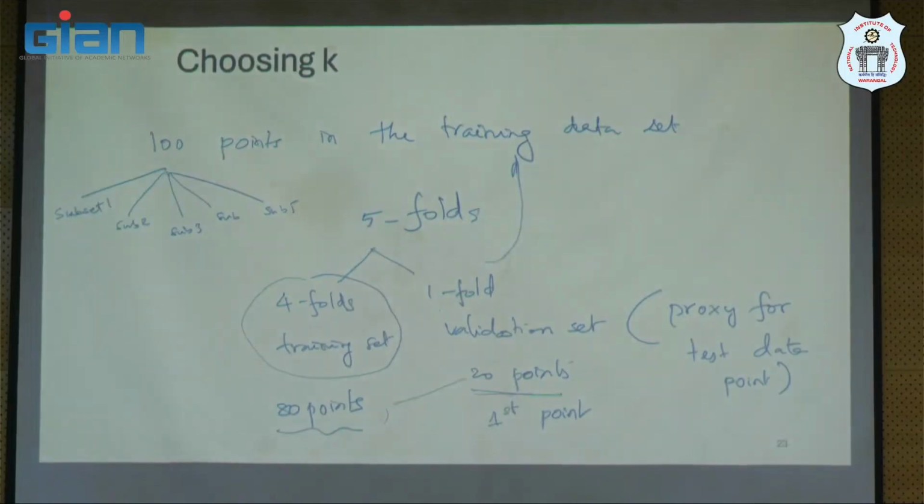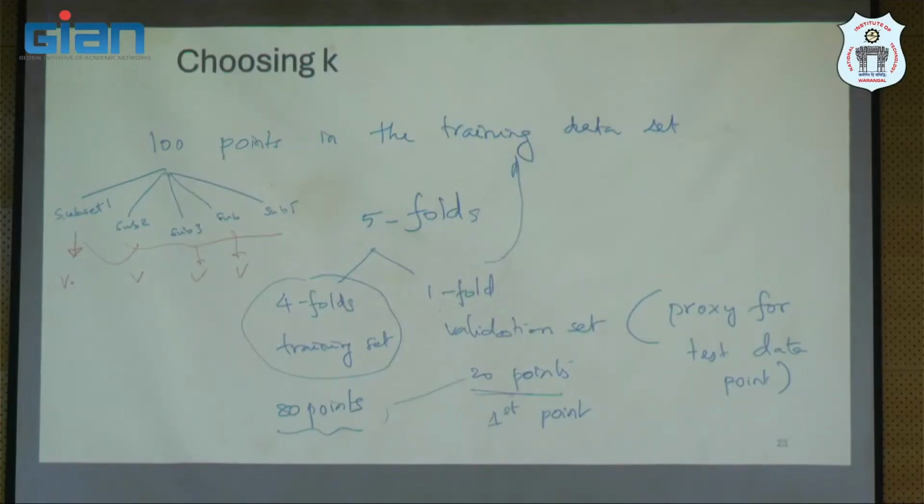You should do this entire k selection by running the algorithm 5 times, considering this as the validation set initially, the remaining as the training set. Then you make subset 2 the validation set, the rest the training set. Subset 3 as the validation set, the rest of the 4 as the training set, and so on.